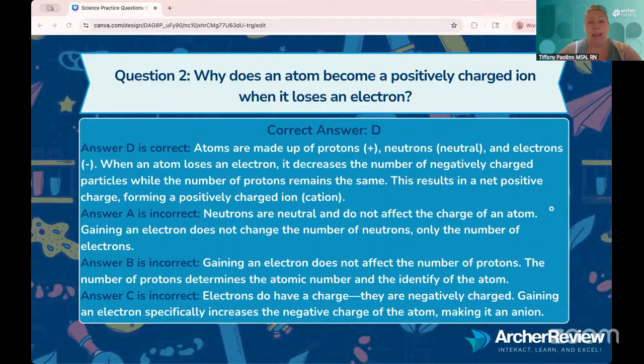So atoms in general are made up of protons, neutrons, and electrons. But when you lose an electron, which is that negative, then it decreases the number of negatively charged particles, and therefore it becomes positive. Hopefully that was helpful. I remember when I was learning this, it always helped me to kind of draw it on a piece of paper. Draw my positives, draw my negatives, and kind of understand, count how many more there are.